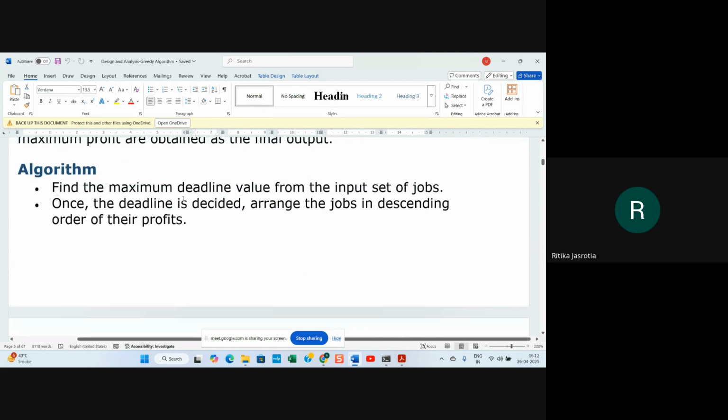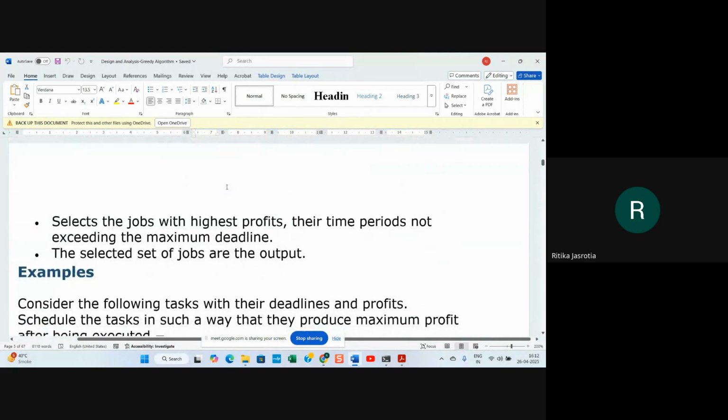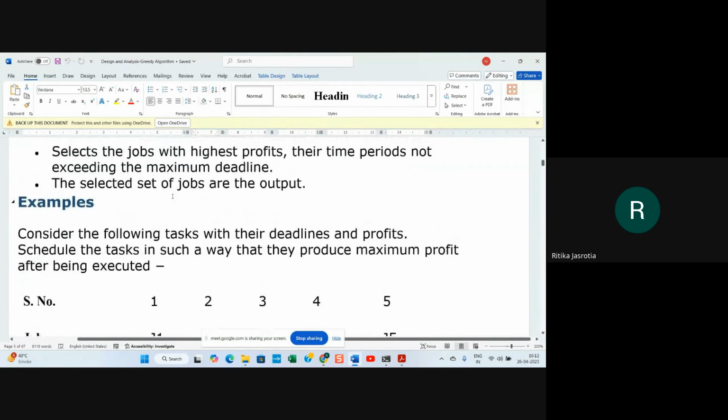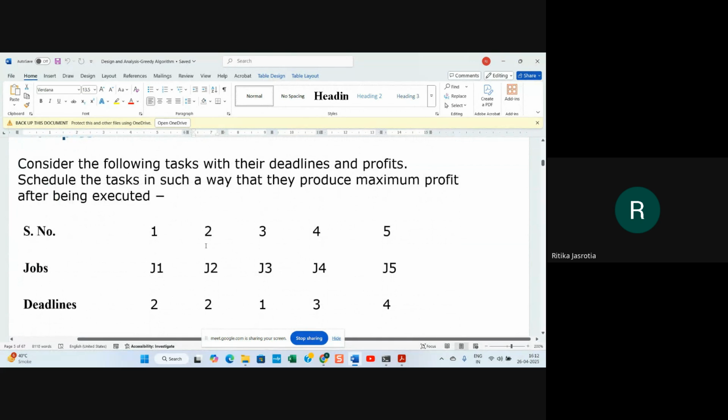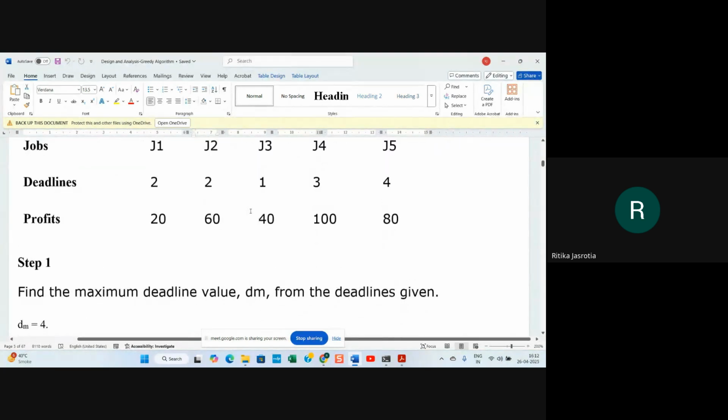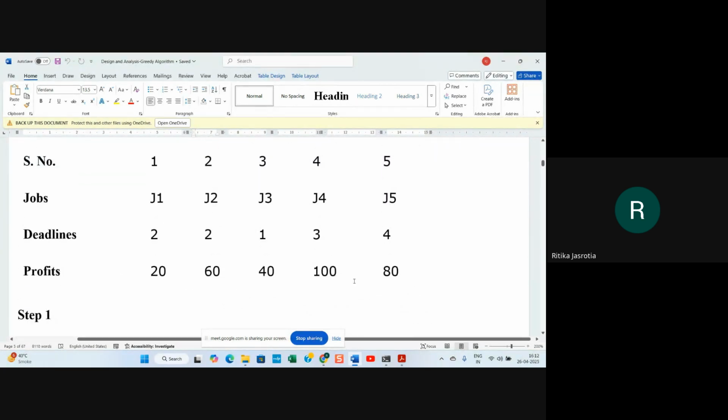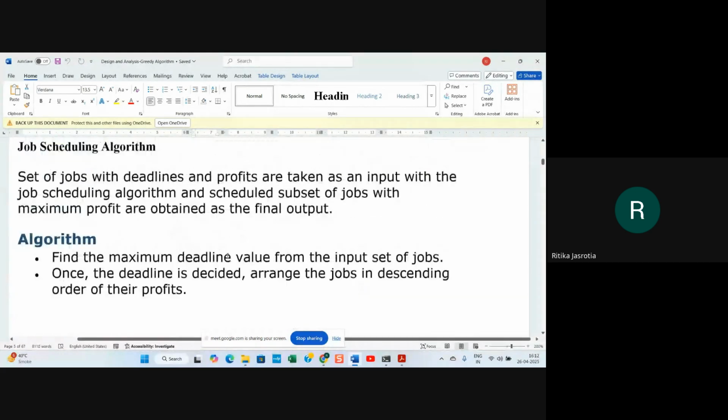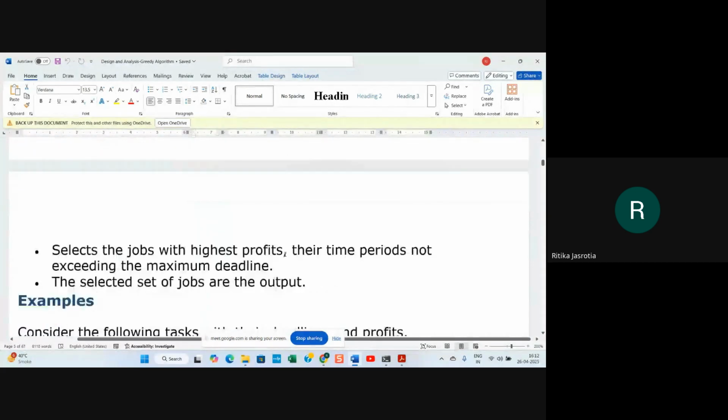So first you will find the value with the maximum deadline from the input set of jobs, and once the deadline is decided, arrange the jobs in descending order of their profits. So consider this example. These are the jobs, J1, J2, J3, J4, J5. Deadlines are these and profits are these. So first, what we have to do is find the maximum deadline value from the input set of jobs.